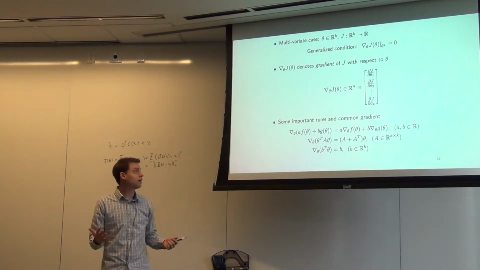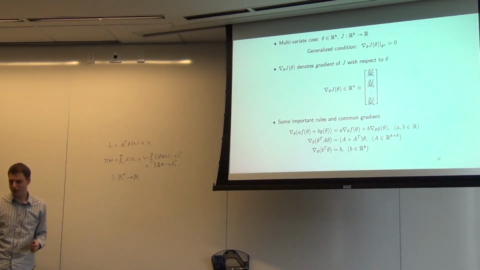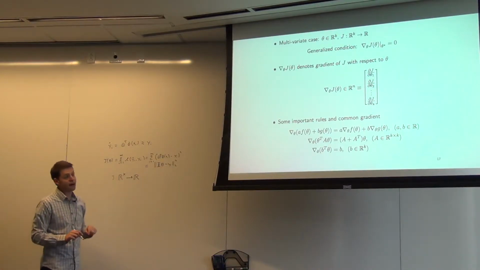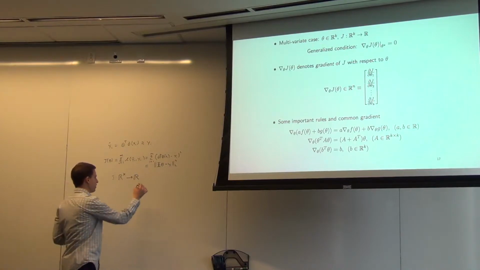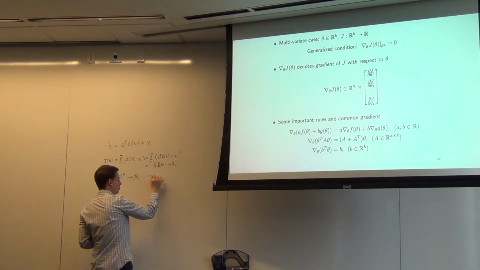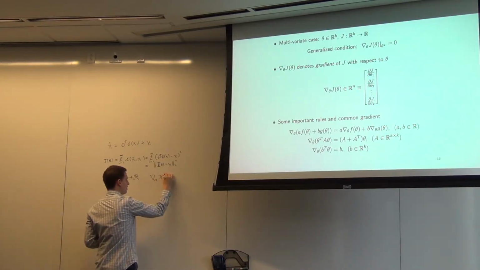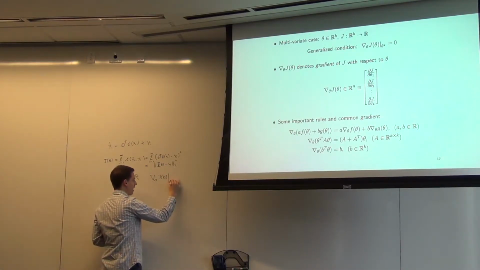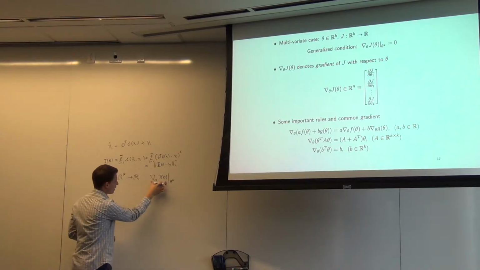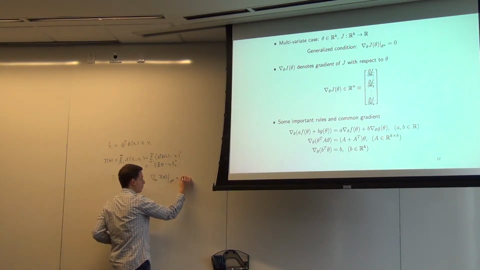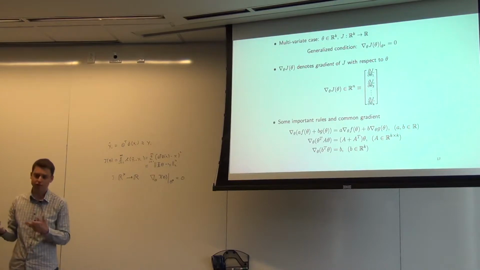But if we can take our derivatives properly and everything works like this, then the condition for theta to minimize j is for this thing called a gradient, which we're going to denote a little triangle with respect to theta of j of theta, evaluated at theta star. So this notation here means we're going to take this gradient and evaluate it at the value of theta star. This has to be equal to 0.